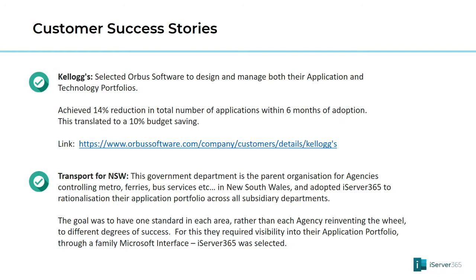They saw each of their individual agencies reinventing the wheel, each having their own CRM system, each having their own financing system, and so on. So they wanted to rationalize this to one central portfolio for their department, allowing each of the individual agencies to gain success. iServer 365 was evaluated and selected, and this is the project that's actually ongoing at the moment.